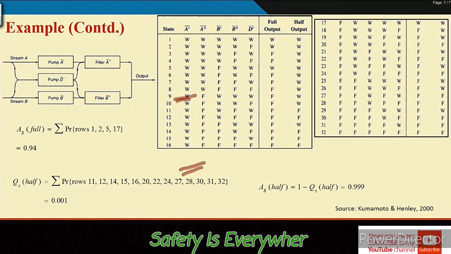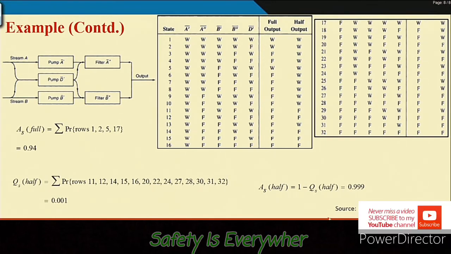Then come to the third one. Third one, it is a different one. Here it is not a series system or parallel system or combination of series and parallel, pure series and parallel system. It is a bridge network.